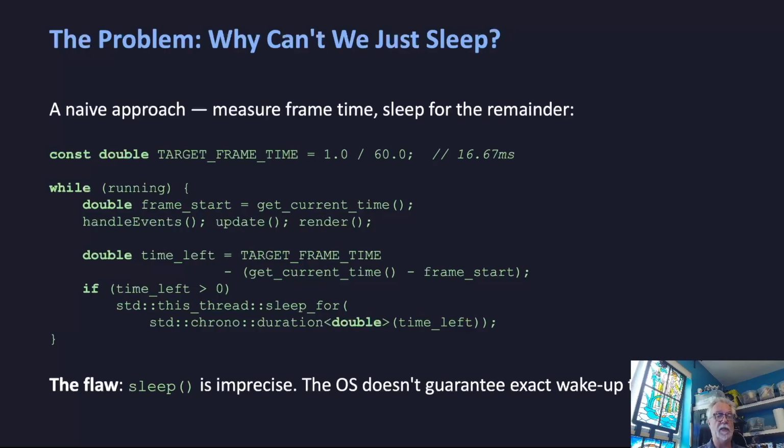So here's the first implementation. All of our operating systems have sleep functions, right? So in C++, we can ask for a thread to sleep for that amount of time. The problem with this is that this is an operating system call, and it's kind of accurate, but it's not precise. The OS doesn't guarantee exact wake-up times.